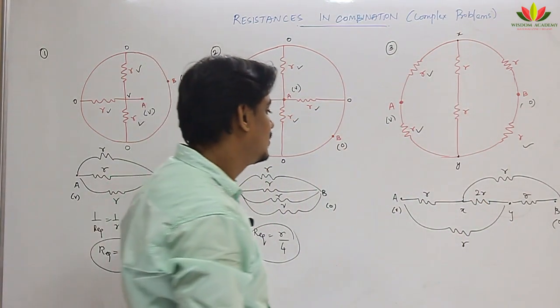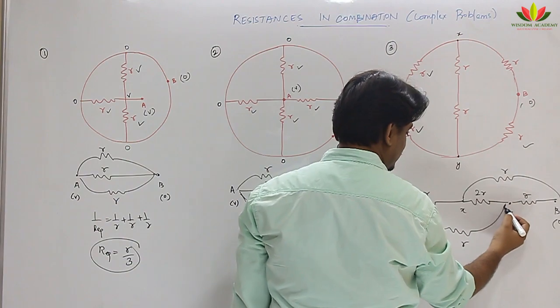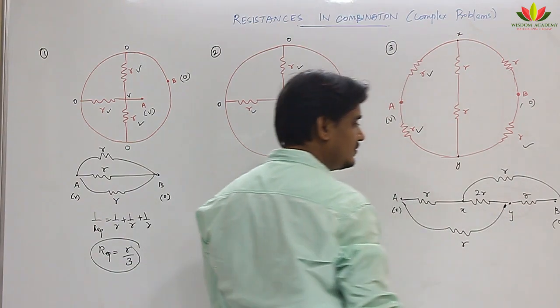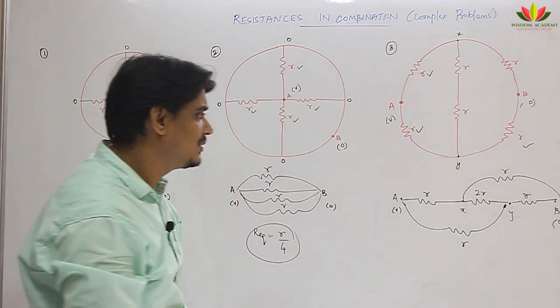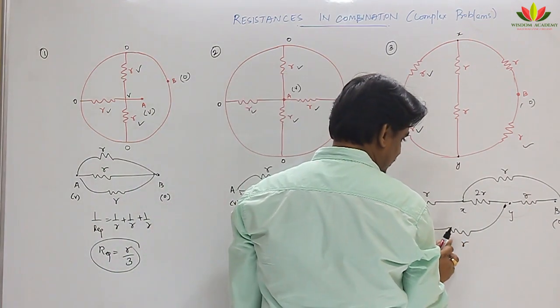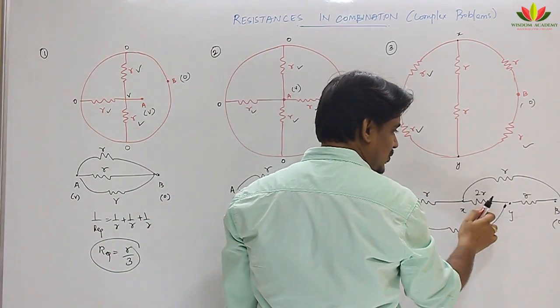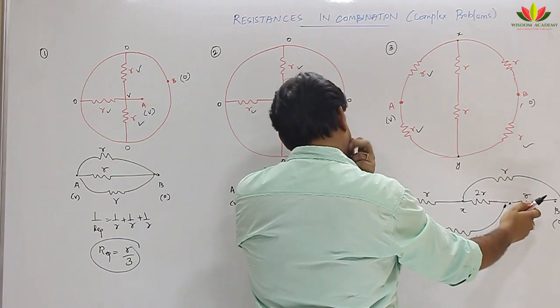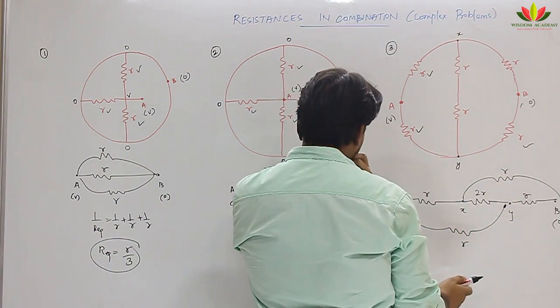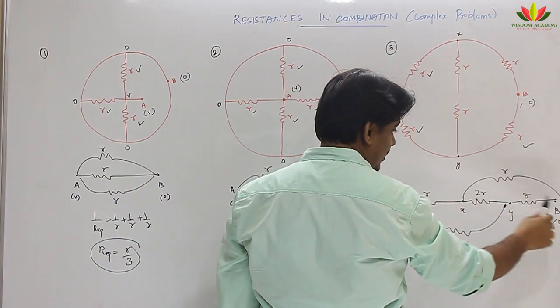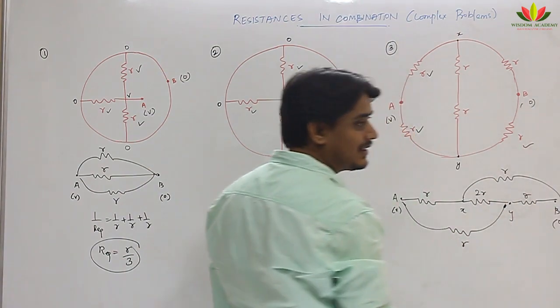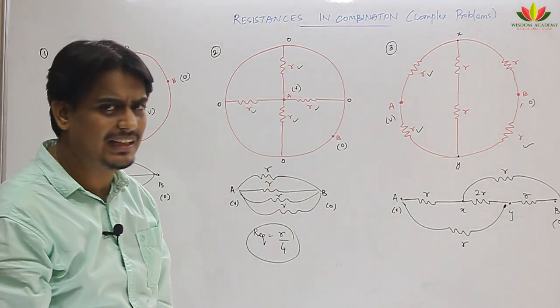Now what you will do, think what you can do after this step. Now what has happened, here R has come, here R has come, here 2R has come, here R has come, here again R has come. Now can I say that any point is in series or any point is in parallel? Is it possible for me to say like that?